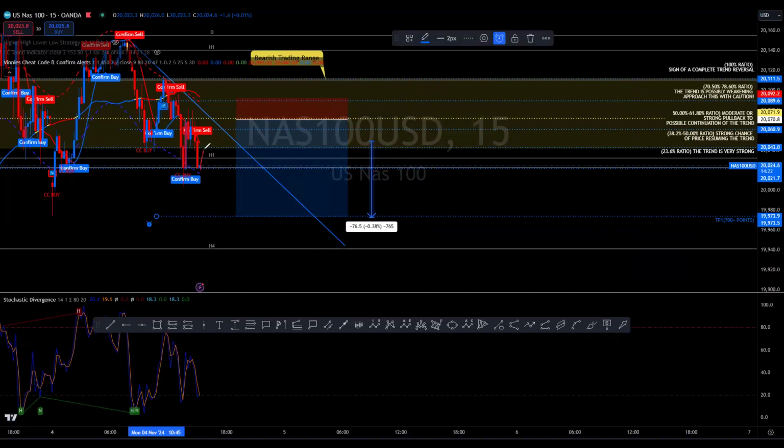Price could pull all the way back to the 23.6, which could be a sign that price might be ready to push further down into this area and gather more liquidity. Or it can come all the way back to the 32.20, which is what I would probably wait for, and then continue down. Or it can come all the way back up to the 50 to 60.80, and this is a very strong pullback.